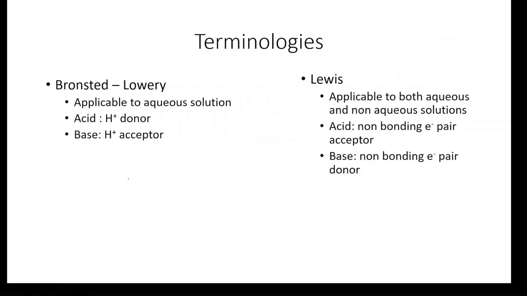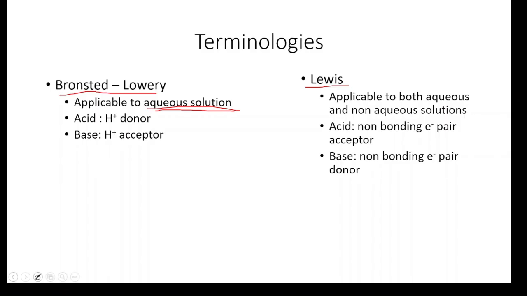Next concept is there are two ways in which we can define acids and bases. One is Bronsted-Lowry, another is Lewis. So when we talk about the Bronsted-Lowry concept, it is applicable to only aqueous solution. Only when something is dissolved in water is it applicable.